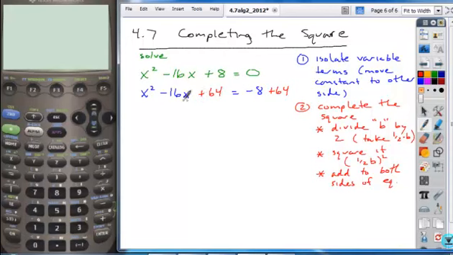We transformed this left side into the special factor form of a perfect square trinomial. And that's going to allow us to rewrite this as a binomial square. And what we did on the right was, because we added a 64 that wasn't originally there, we have to balance the equation by doing the same thing to the other side of the equation. So we added a 64 to the right side of the equation as well.